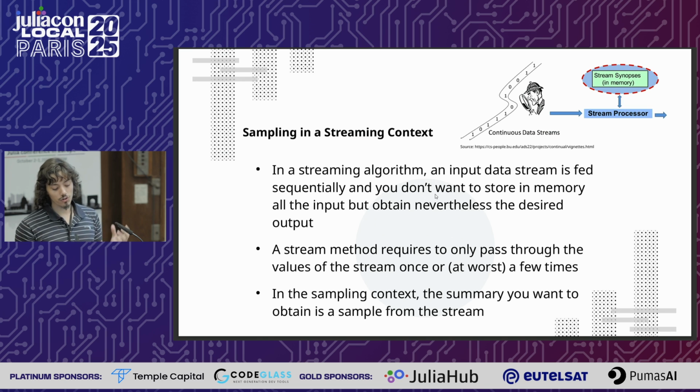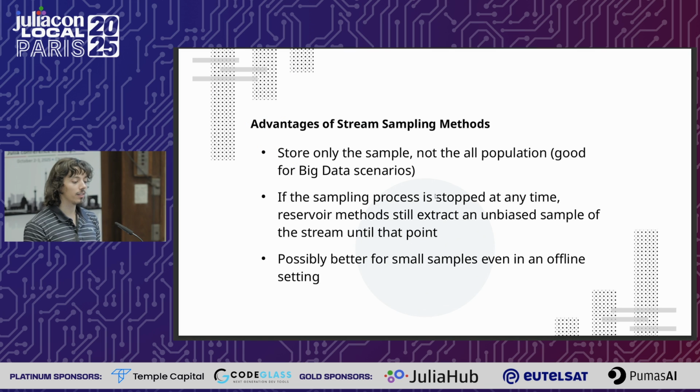This is in general what online algorithms do: a synopsis of your stream in one or at worst a few passes. And the advantage of these methods with respect to population methods is that they can work in big data scenarios, because you don't need to store all the population in memory, but just a sample.